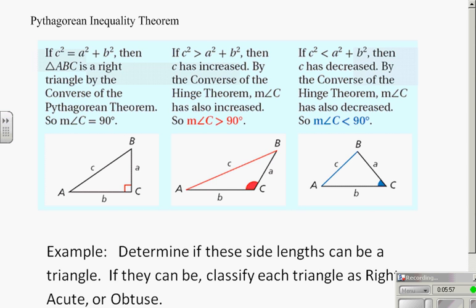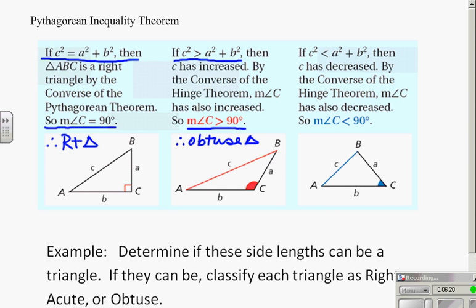Now this leads us to right triangle relationships. There are a couple of key factors. If the Pythagorean theorem is true, the measure of C is 90, therefore it's a right triangle. If c squared is greater than the sum of the squares of the other sides, then your angle C is greater than 90, which means you have an obtuse triangle.